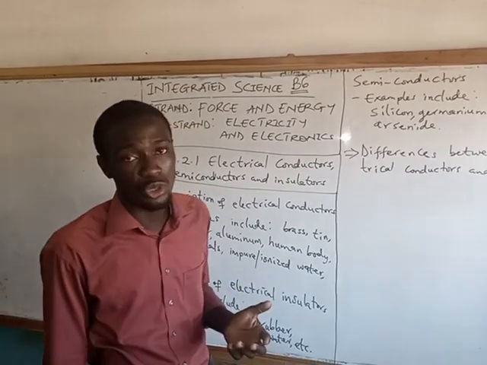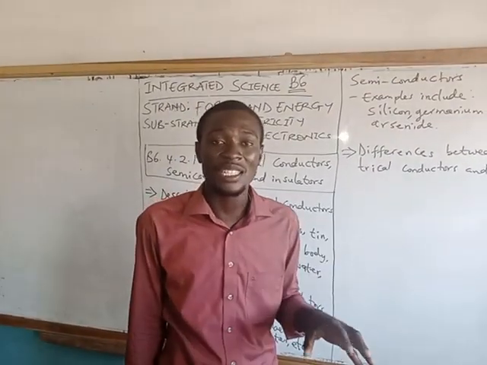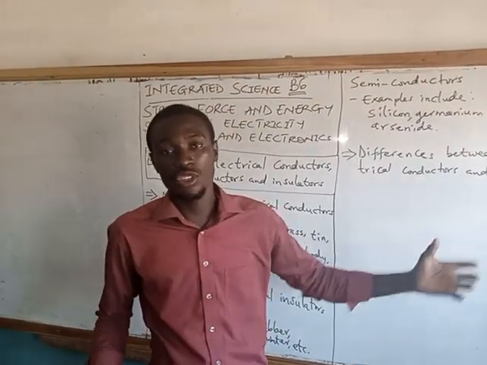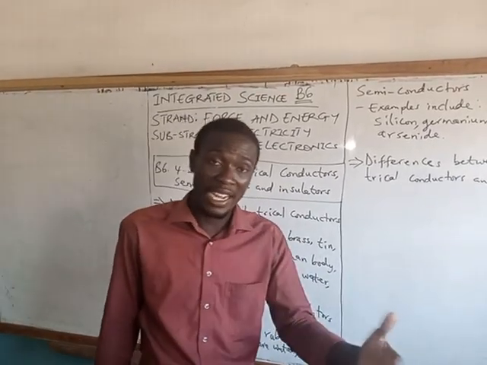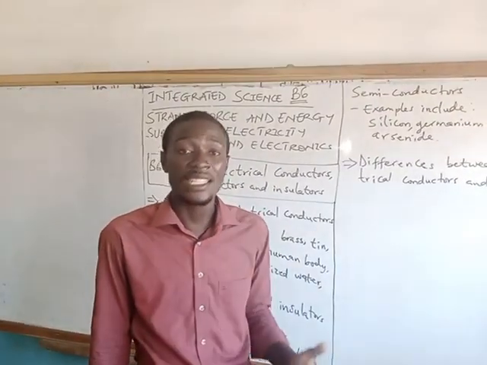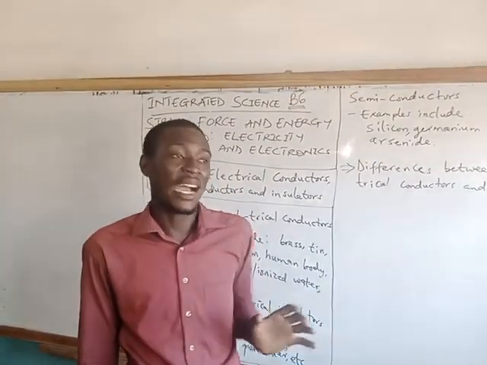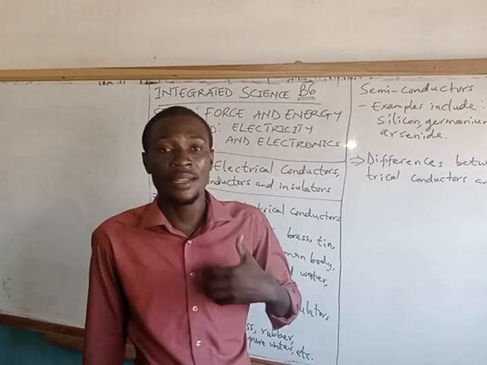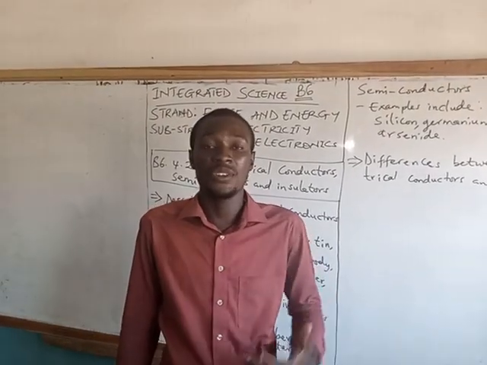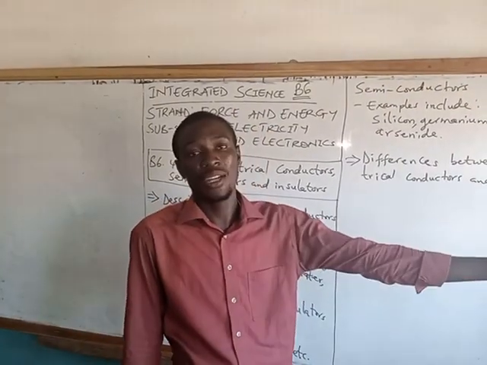Why are they able to do so? Because these special materials have free electrons on their surfaces, and we learned that electrons are the electric charge carriers. These electrons are the vehicles that can move electric charges from one place to another.